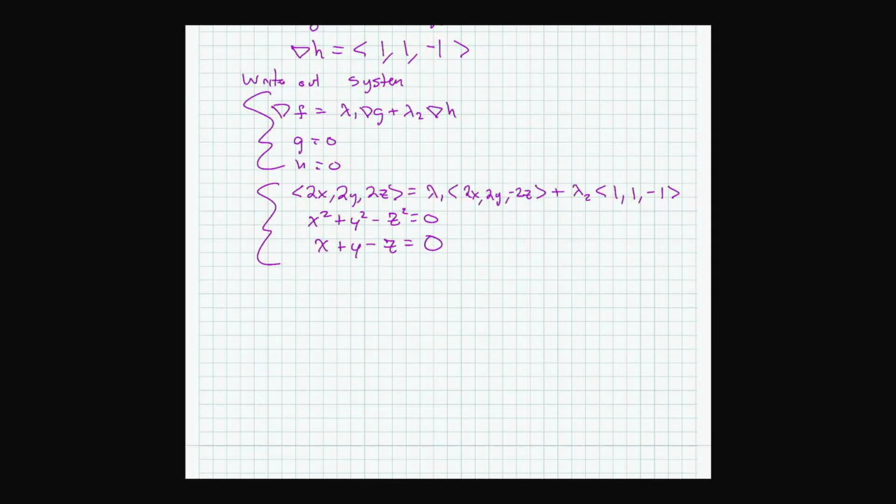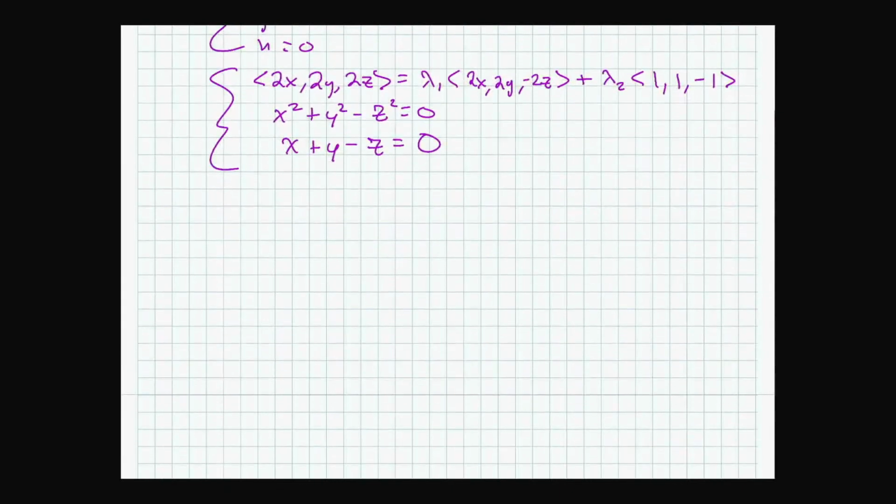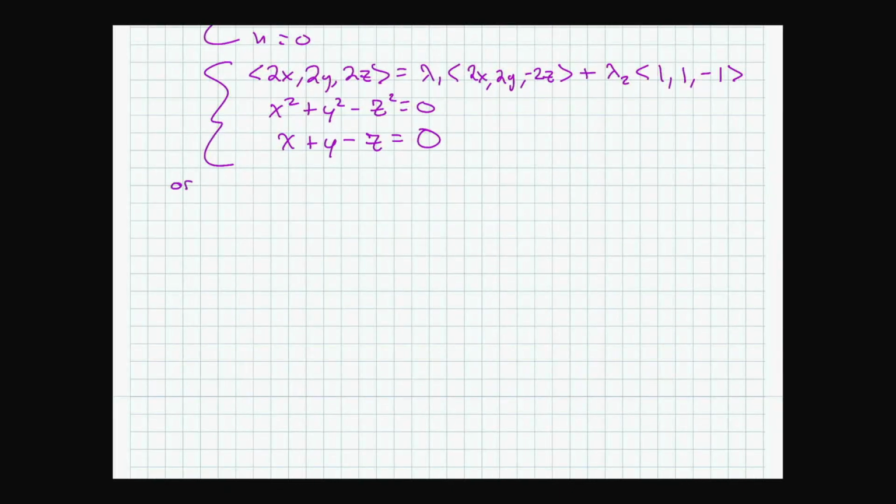But remember that first equation is actually 3 equations. If you separate it out, your first equation is 2x equals lambda 1 times 2x, plus lambda 2 times 1, which is just lambda 2.